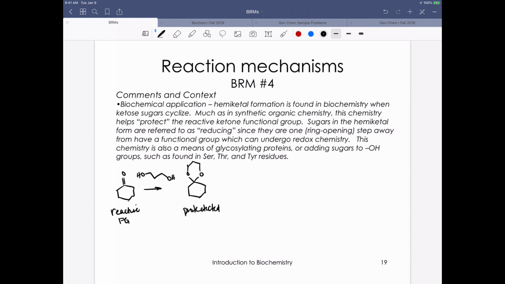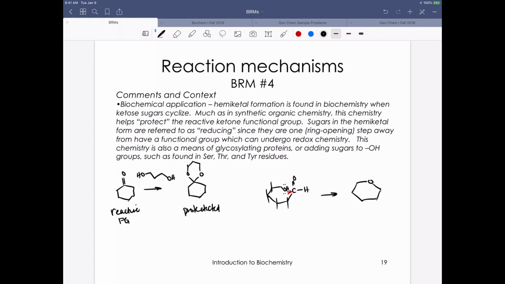If we think about what we have in the structure of a sugar, and I'm just going to draw this in a specific way here that will make sense in a few chapters, and I'm not going to worry about the rest of the functional groups present on the rest of this. But when we have, in this case, either an aldehyde or a ketone, and we consider a nucleophile that is internal, we have an intramolecular reaction, we could have the same type of chemistry happen here, and we could generate a ring form here.